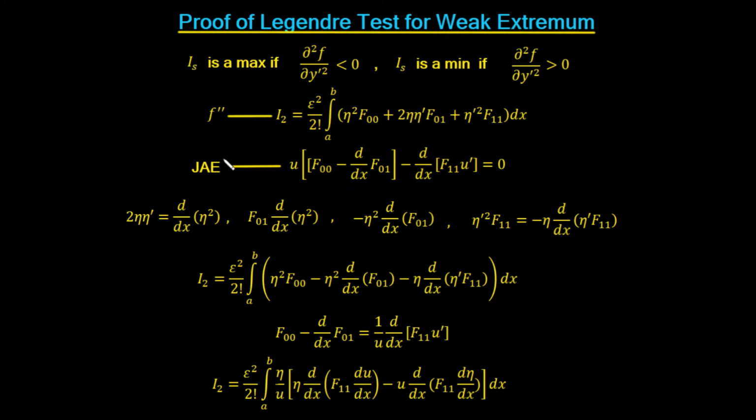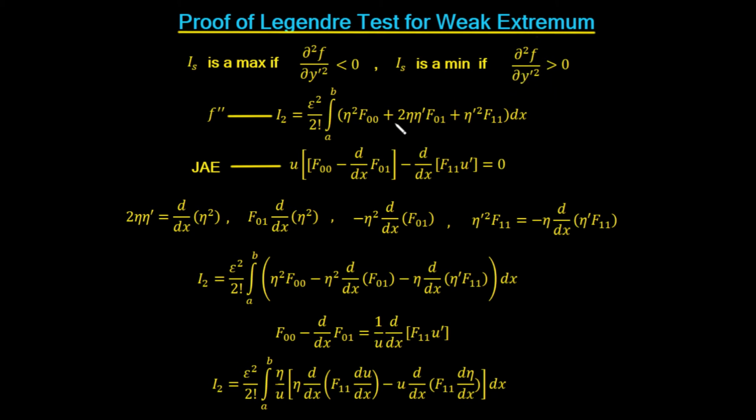Now we said before that we were able to find out whether the extremum is a maximum or a minimum just by looking at this term here. This term here, the f11, is our partial squared f by partial y derivative squared.